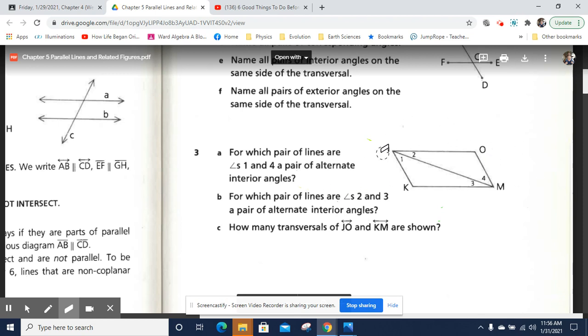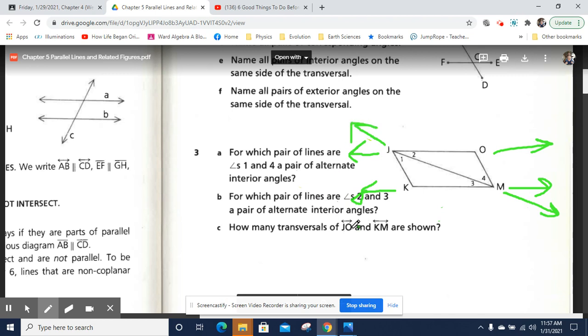So here we go. We have these two lines, KM, which I'll extend like this, and JO, which I'll extend like that, so I don't cover up the letters like I did last time. And now we have this transversal here, JM. That is definitely a transversal of those two lines.